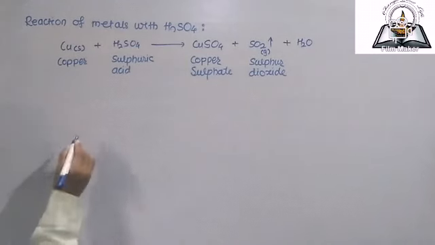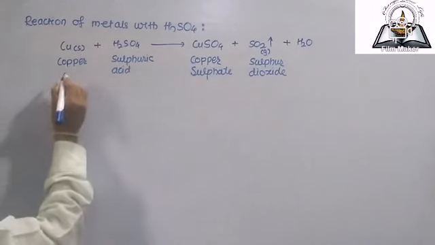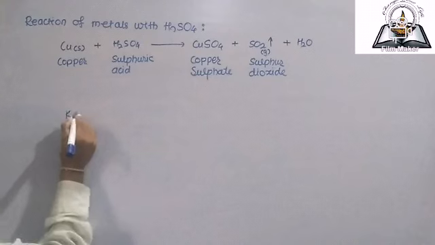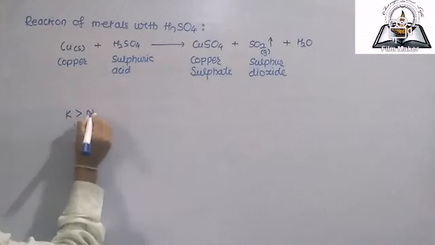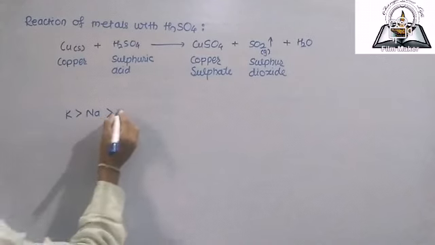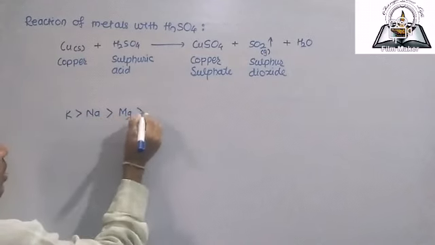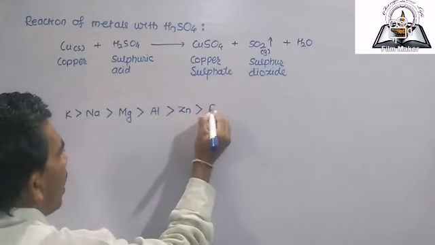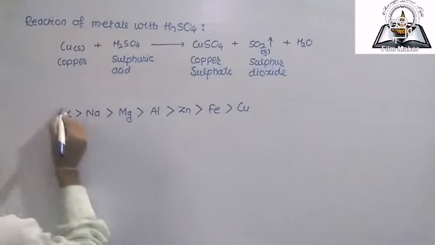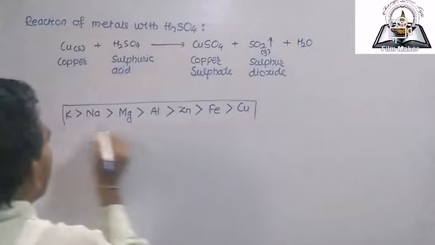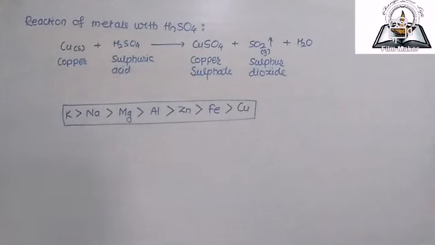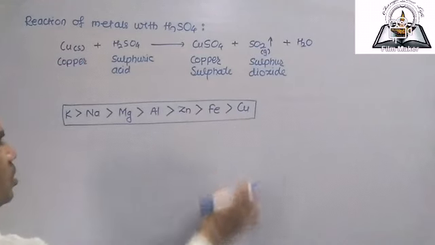So यहाँ पे अगर हम reactivity देखते हैं, किसकी reactivity? Metal reacting with the sulfuric acid. So reactivity of the metal with the sulfuric acid. Sodium and potassium are strongly reactive, more reactive than magnesium, compared to aluminum, zinc, iron, and the least reactive is copper.